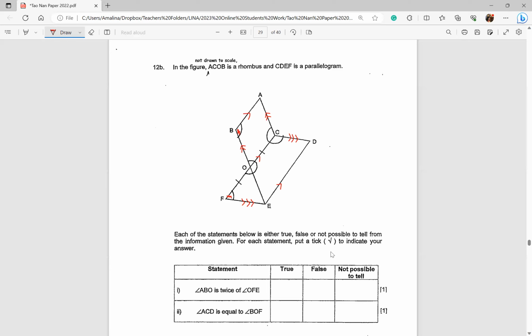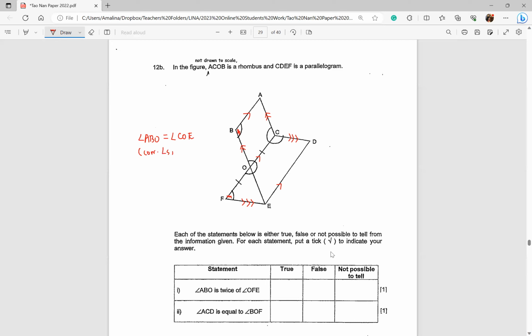So if I look at this diagram, you realize that this angle ABO is the same as my angle COE. I know for sure that my angle ABO is equals to angle COE because of your corresponding angles.